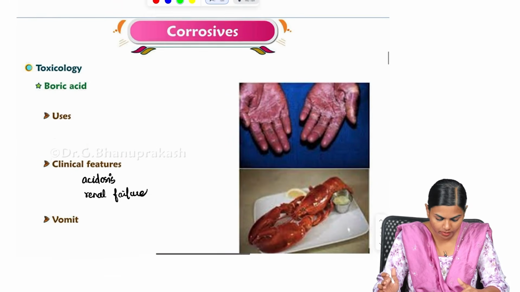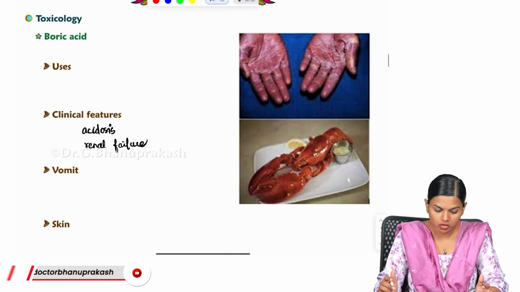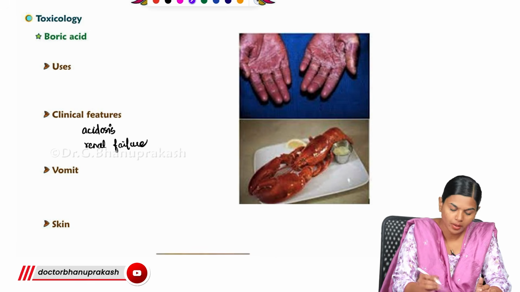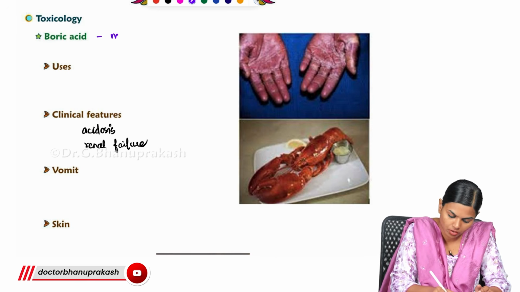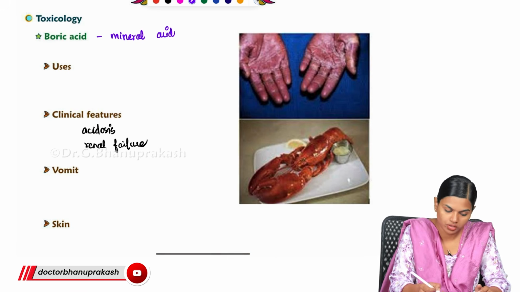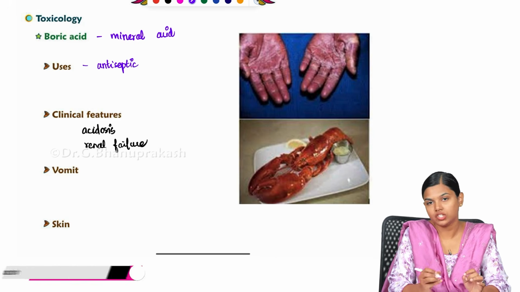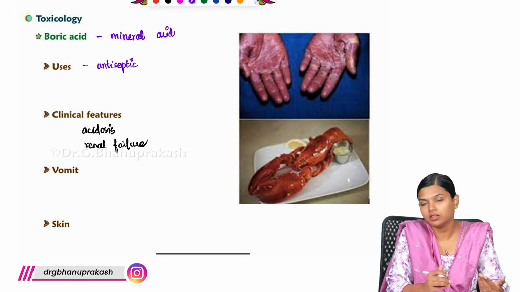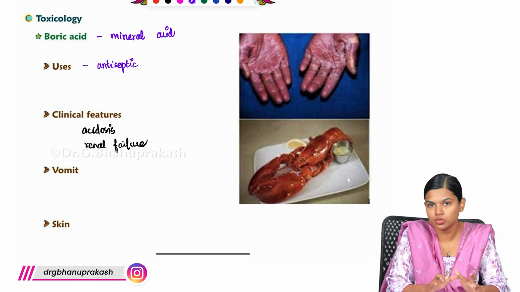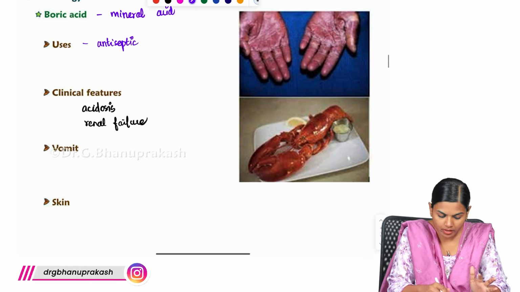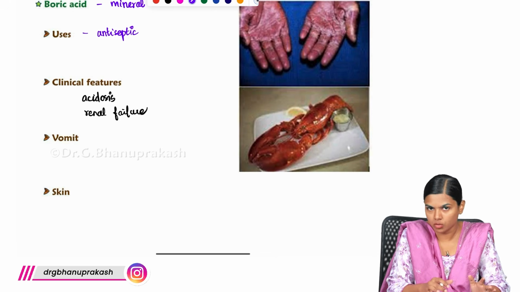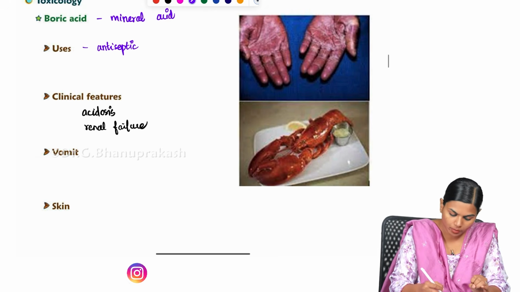Now we will start with boric acid. This boric acid is also a mineral acid, and it was used as an antiseptic. In the initial period, when we did not have a lot of chemicals, boric acid was used as an antiseptic, and whenever boric acid is consumed, what you get is the normal corrosion.